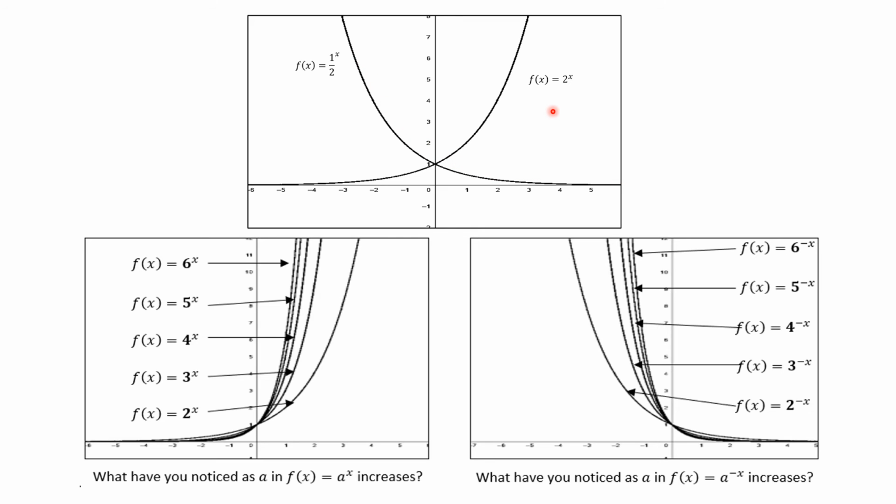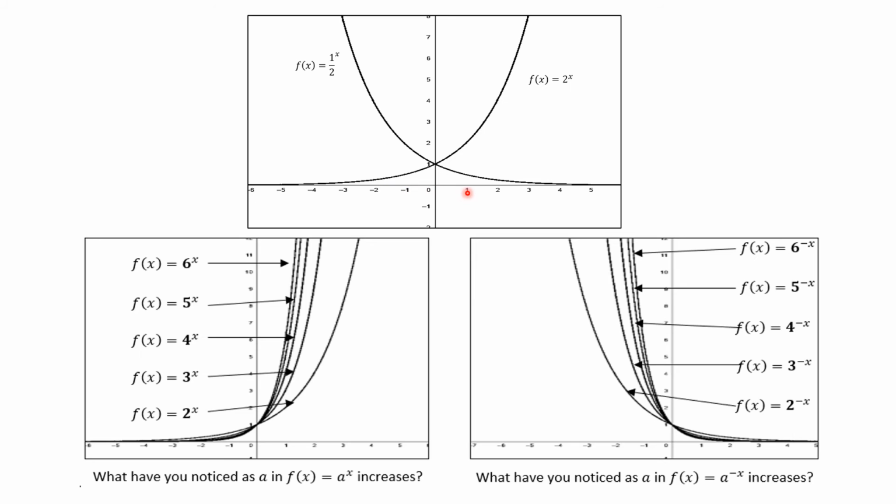So, what if our base is higher than 1, which is 2. As the value of x increases, we substitute negative 4 for x, here is our point. If the value of x is negative 2, here is our point.